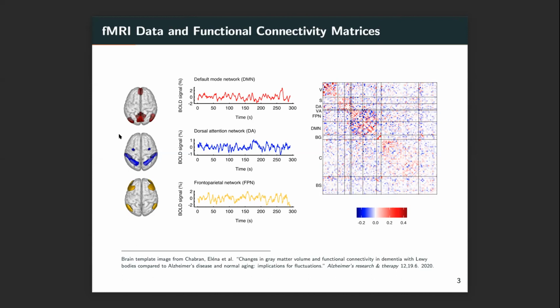Along with that, there are a couple of ways to classify parts of the brain. One is by what's called functionality. Here, there are three classifications of regions of the brain. The first one is called the default mode network, this one in red. These regions work together to perform some neuronal function.